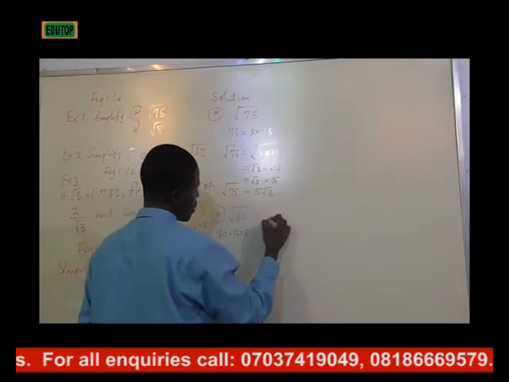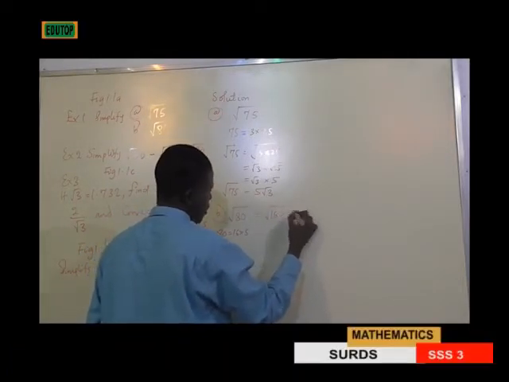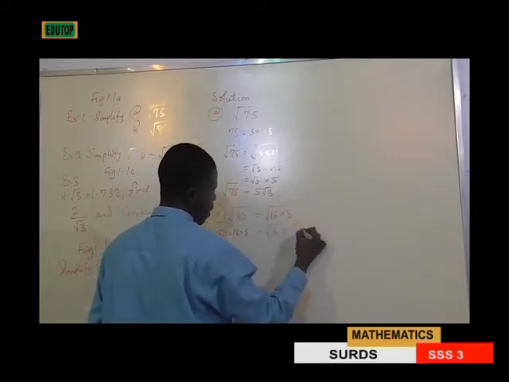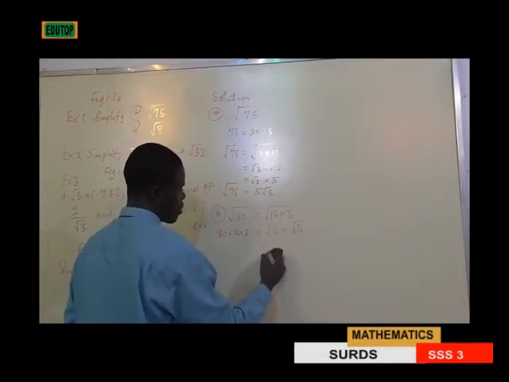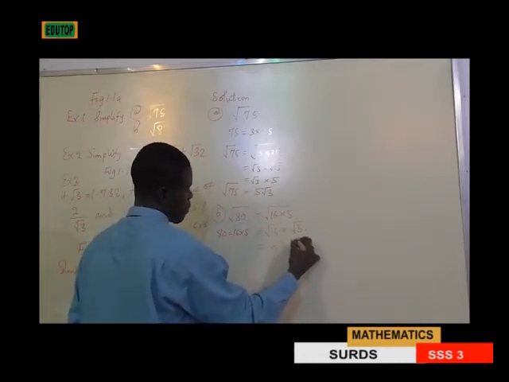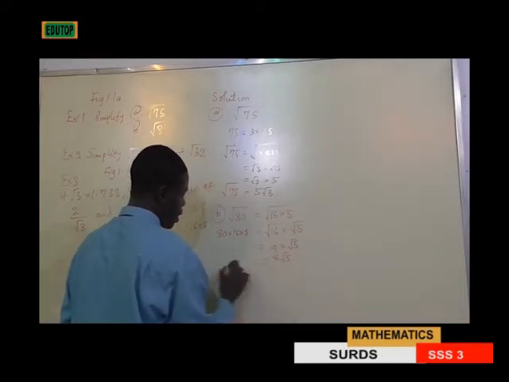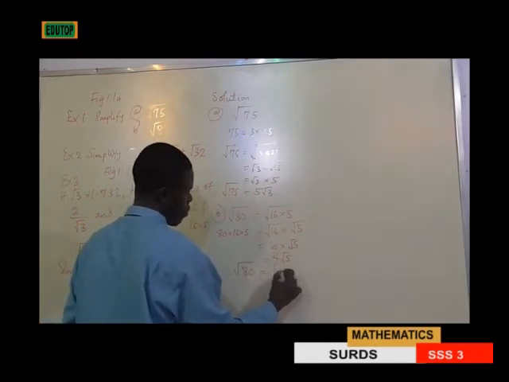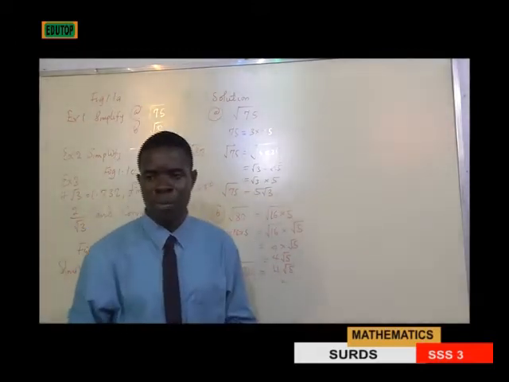So automatically we can say the root of 16 times 5, which you can break as the square root of 16 times the square root of 5. So the root of 16 will give us 4 times the root of 5, and eventually we have 4 root 5. Therefore, the root of 80 will be 4 root 5. So that is the answer to example 1.